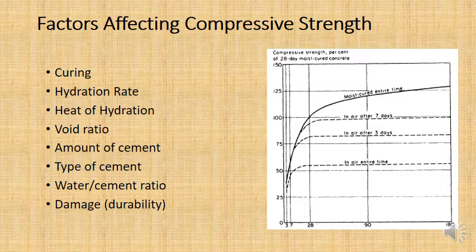The water and cement ratio could be anywhere between 1 to 0.6 and 1 to 0.35. Now remember, you need water to react with the cement, and it's about 1 to 0.35 for every kilogram of cement.